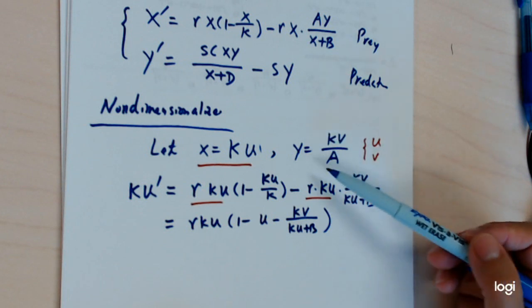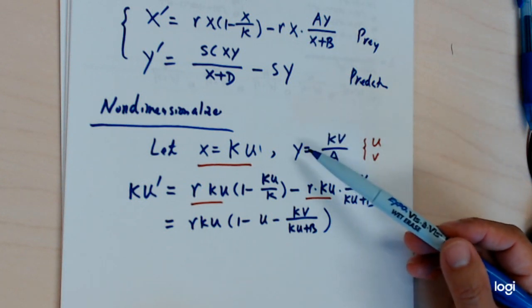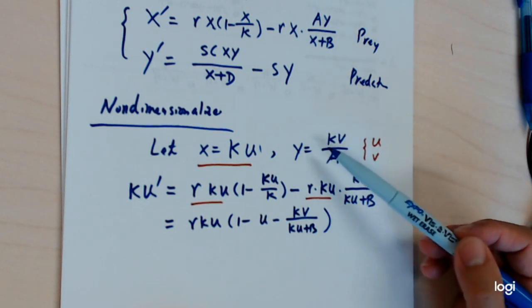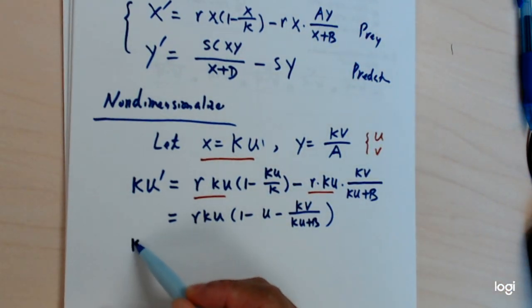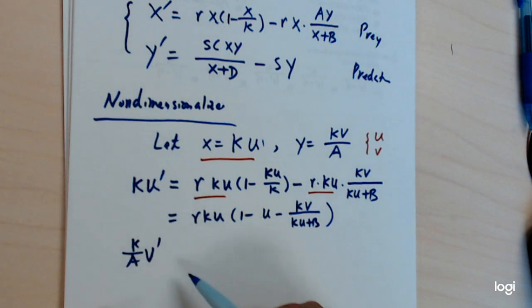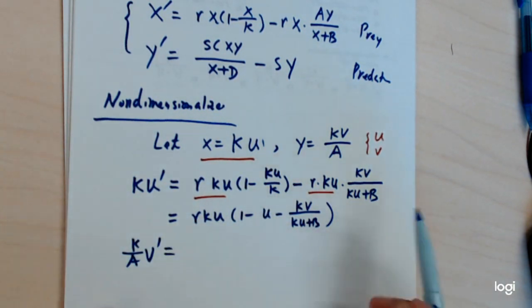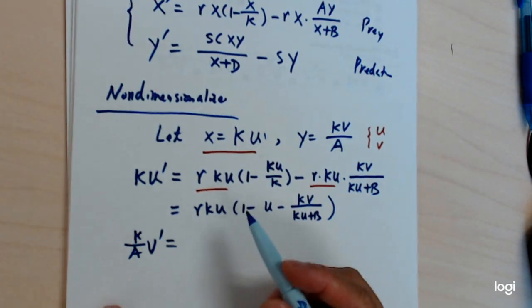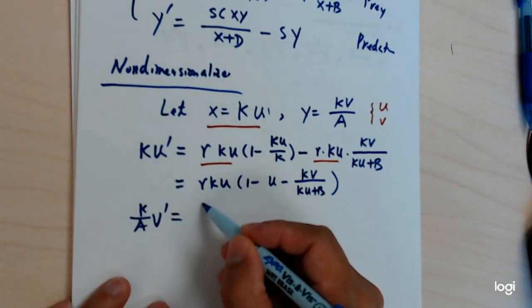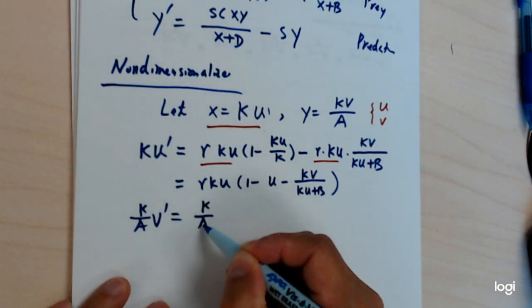Similarly, I differentiate on both sides of this formula here. I get an equation for v. So I basically do the same process, and it turns out this becomes this.